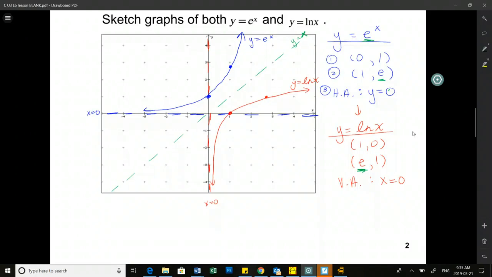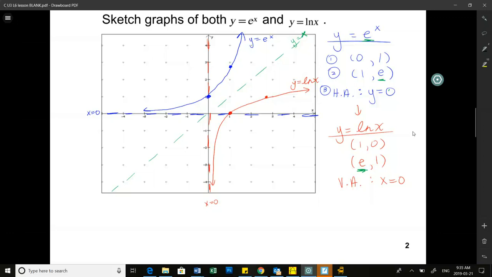So here, when I have ln x, the base is e, so I have the point e, 1. If I had the log base 2 of x, I would have the point 2, 1. Or log base 3 of x, I'll have the point 3, 1, and so on. The other points, the 0, 1 and the 1, 0, are the same for all of them, unless I have transformations happening, and then, of course, those points shift. But for the basic exponential and logarithm, those are the three key pieces that you need.